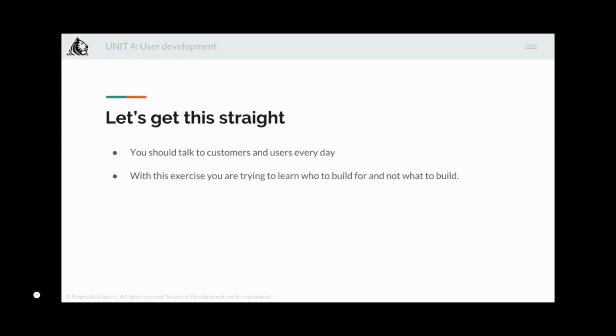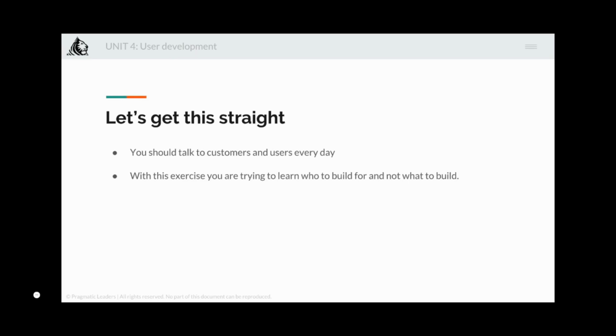So with this out of the way, let's move on to user research and why it is important for a product manager. Okay, let me get something very straight, and this is something which I've seen often happening, and even I have been guilty of doing this. You should talk to customers and users every day, especially when you're starting off. You should do that every single day.